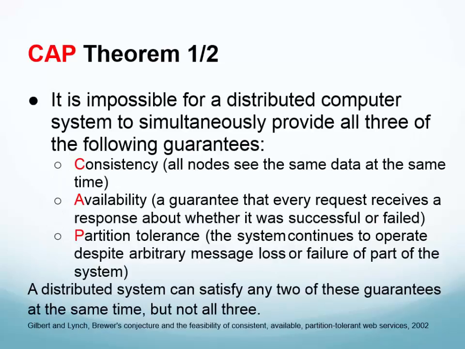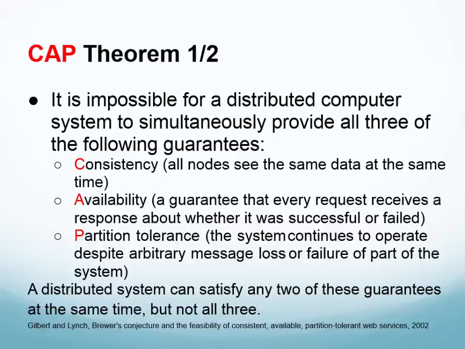Okay, when we talk about NoSQL, we talk about the CAP theorem. What this theorem says is that it is impossible for a distributed computer system to simultaneously provide all three of the following guarantees: consistency, availability, partition tolerance. Consistency: all nodes see the same data at the same time. Availability: a guarantee that every request receives a response about whether it was successful or failed.